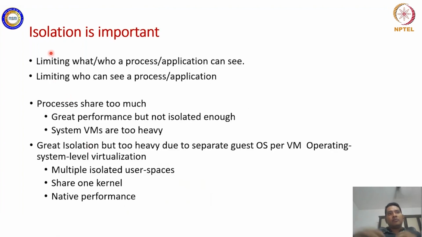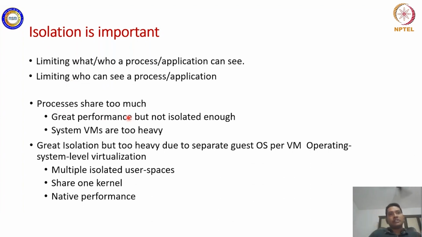But of course, isolation of these processes is very important, because with the increasing workload for different application domains, some processes need to be isolated completely from another set of applications. So limiting what processes can run, who can run them, how many resources they can see, and how many resources these processes can share, are all very necessary from the point of view of isolation.